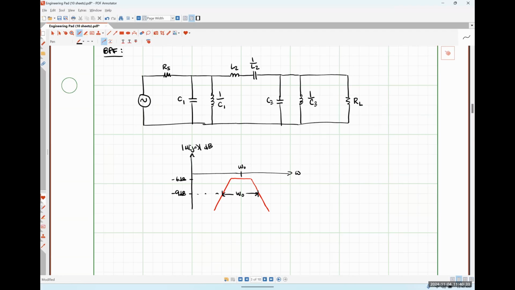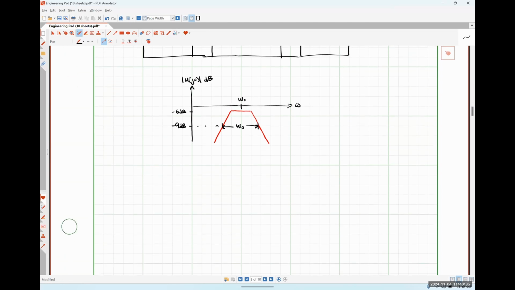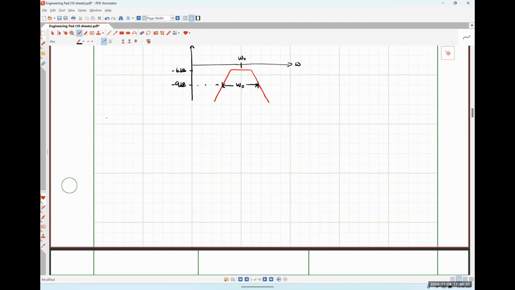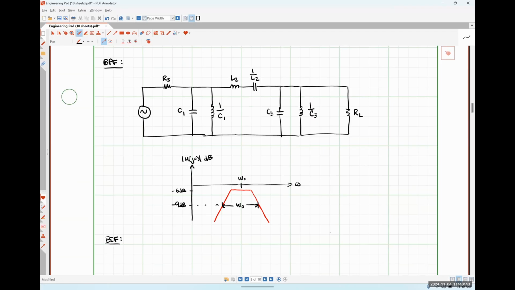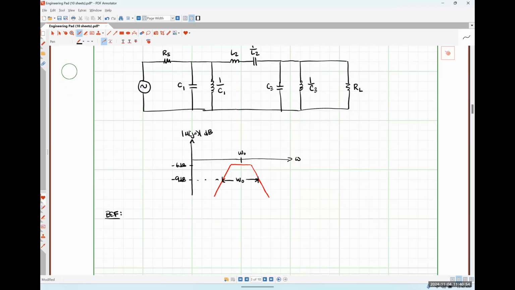But now let's look at a band stop filter, okay? So for the band stop filter, we are effectively going to do what we just did, except exactly the opposite. So everywhere we put an element in parallel, we're now going to put one in series, and everywhere we put an element in series, we're now going to put one in parallel.